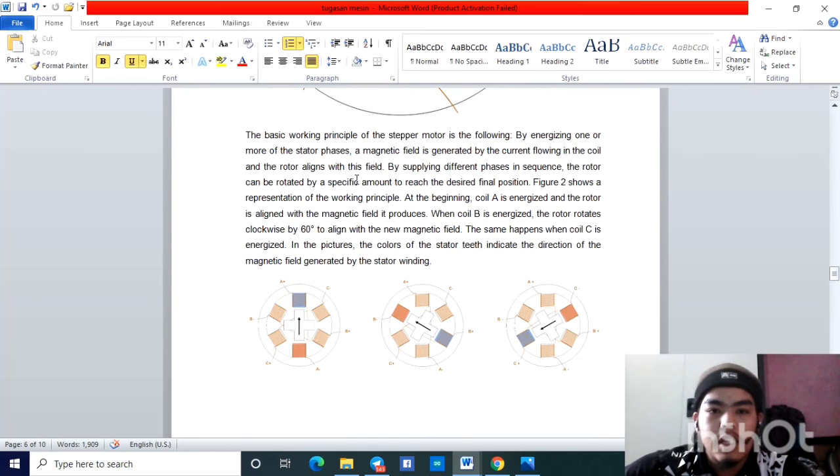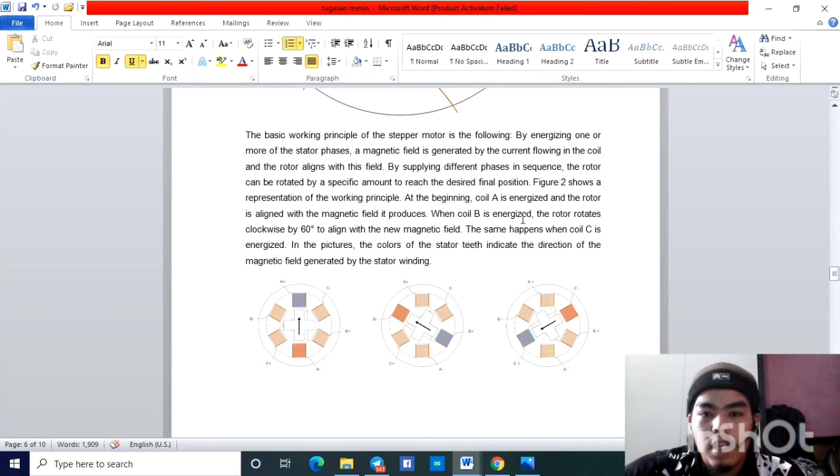Okay. The basic working principle of the stepper motor is the following. By energizing one or more of the stator phases, a magnetic field is generated by the current flow in the coil and the rotor aligns with this field. At the beginning, coil A is energized and the rotor is aligned with the magnetic field produced.